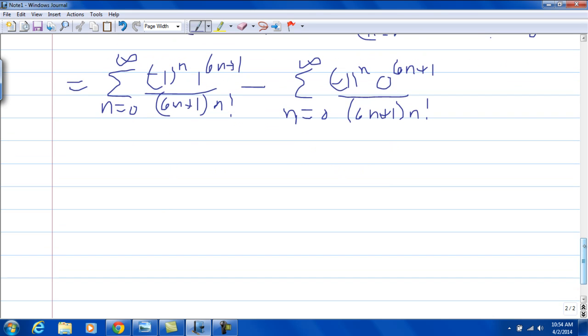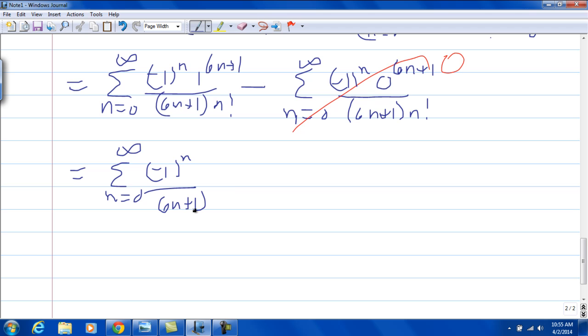And so that second part just becomes 0. So we have the sum as n goes from 0 to infinity, negative 1 to the n times 1, because 1 to the 6n plus 1 is just 1, over 6n plus 1 times n factorial.